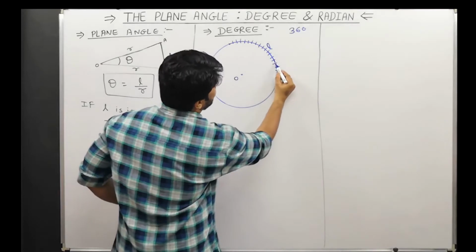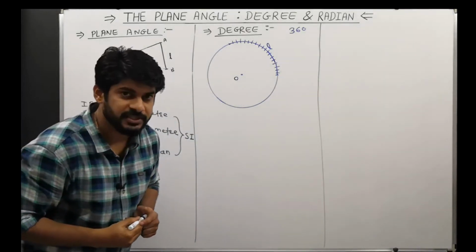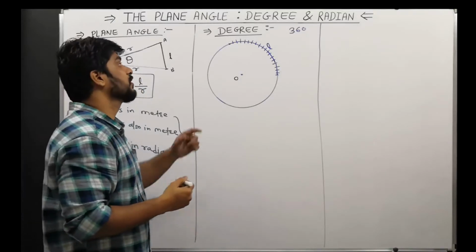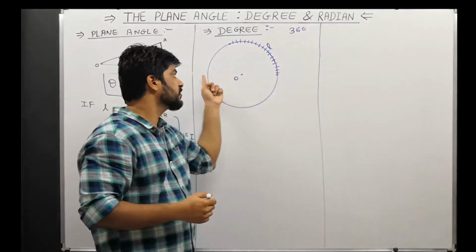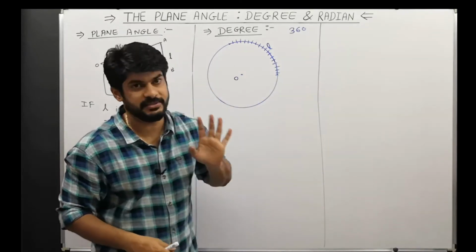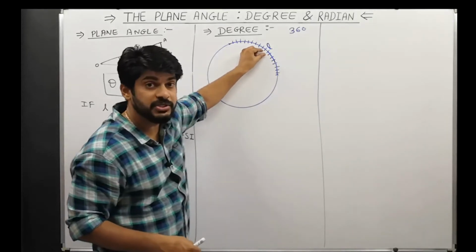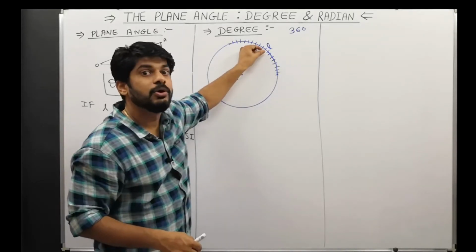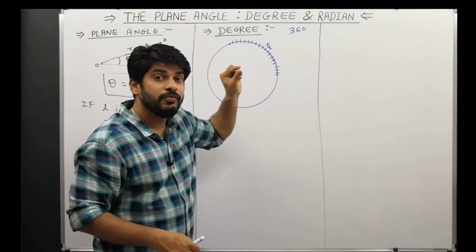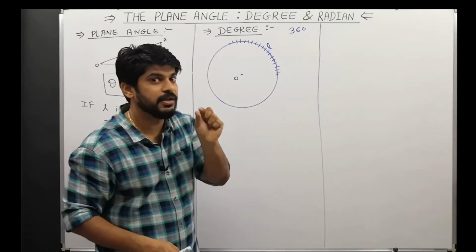Each arc will be of exactly the same length, because we have divided the whole circumference into exactly 360 equal parts. So each arc which is formed will be very small and of equal length.